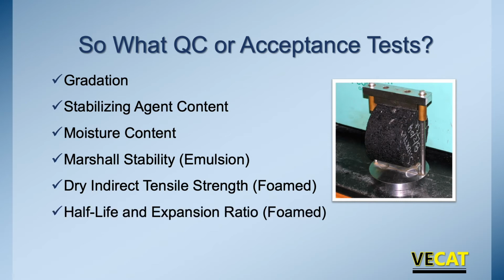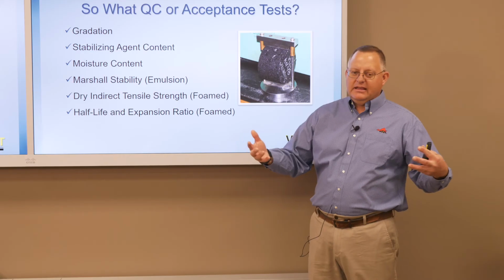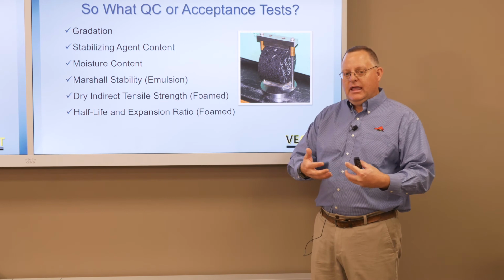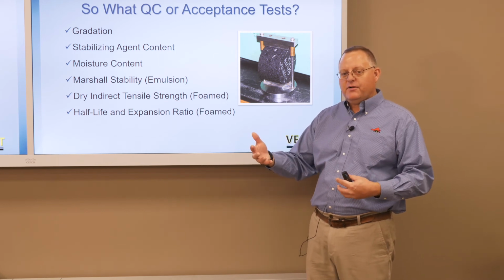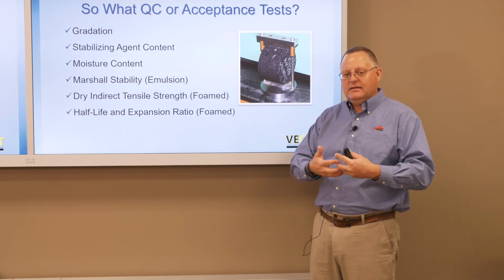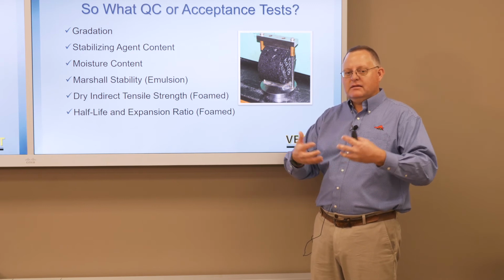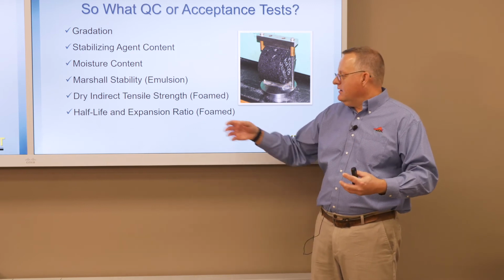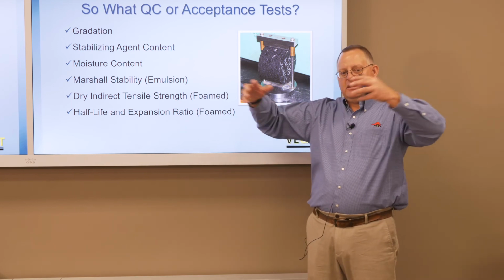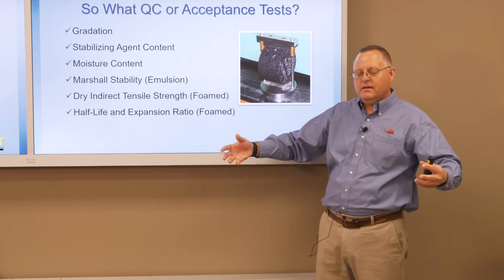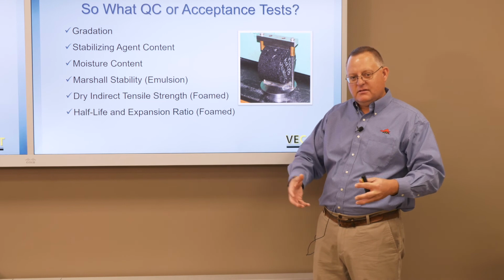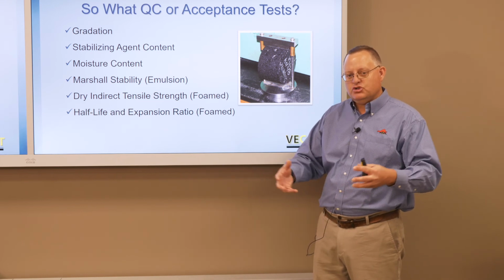And we're looking at, with foamed, what's the half-life? What's the expansion ratio? So foamed asphalt is taking a neat binder, so it's an asphalt binder that hasn't been modified with polymers or other things. It's mixed with a little bit of water, and when 300-degree asphalt and water are combined, it causes bubbling, steam, it increases in volume, and then it starts to collapse upon itself as it cools.